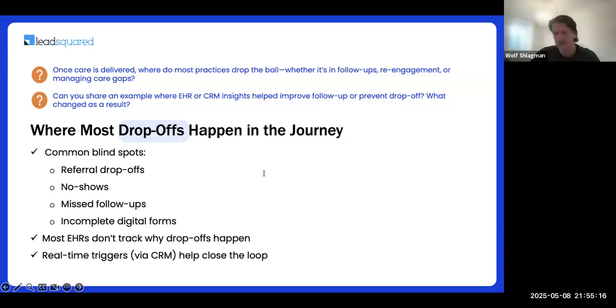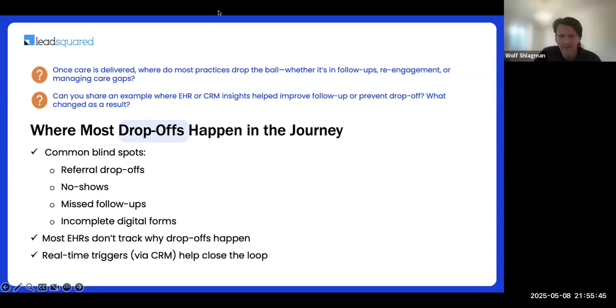Two, when you have ongoing sessions, in the case of Healthy Young Minds, they do thousands of sessions a month, 100+ providers in multiple states. So you have to have the technology do the work for the humans, if you will, because you can't expect the providers to do all the follow-up manually.